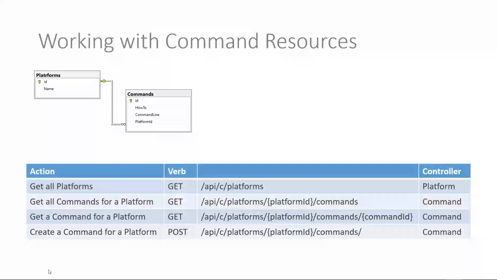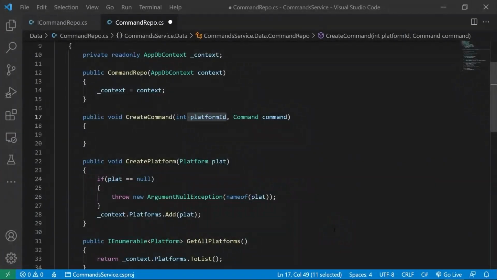So for create a command, this is going to be our route. So we're going to go platforms, platform ID, commands, and we're going to create a command at that route. So we're already getting the platform ID here. So when we actually pass in the command, although the command does need a platform ID, we don't need to specify that in the body of our post request. That'll become a bit more clear when we create the DTOs for this. But I'm going to do a little bit of code in here that you might go, why are you doing that? But that's basically why.